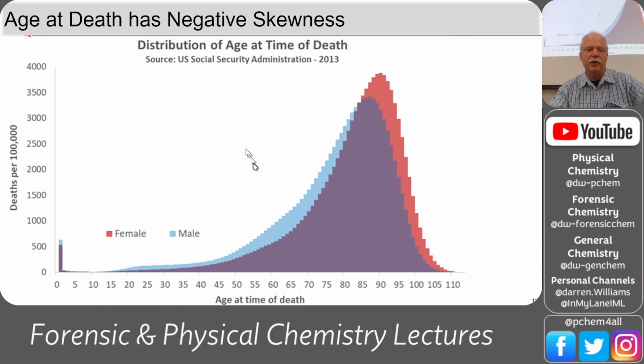Okay, so this is the distribution of age at time of death from the Social Security Administration. There's a statistical difference between male and female. We have an overflow bin down here. Okay. Well, no, it's not an overflow bin. That's just infant mortality there.